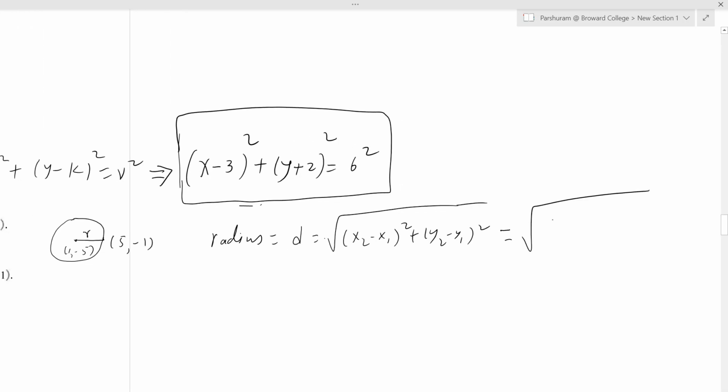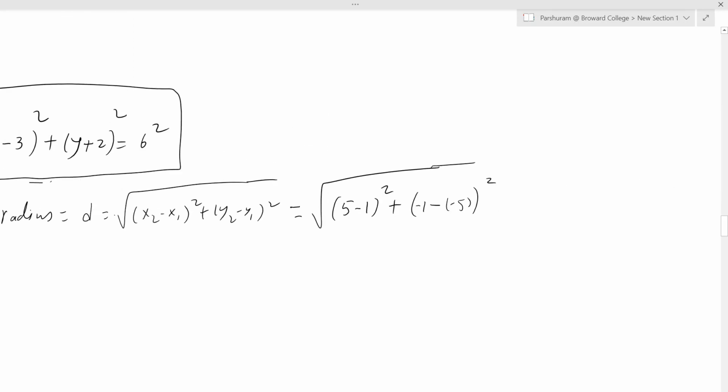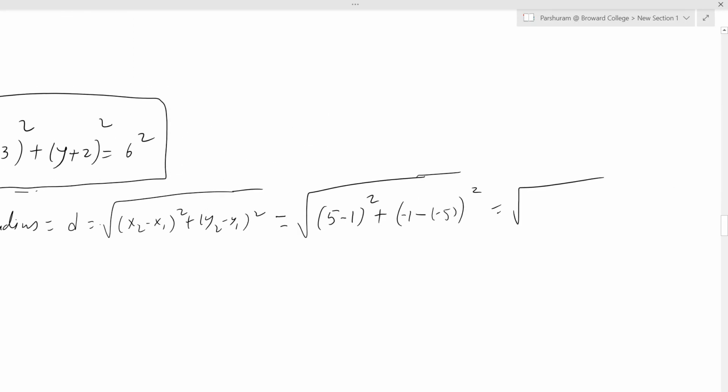So 5 minus 1 squared plus y2, negative 1, minus y1, negative 5, squared, and that gives us 4 squared plus negative 1 plus 5, which is again 4 squared, negative 4 squared.